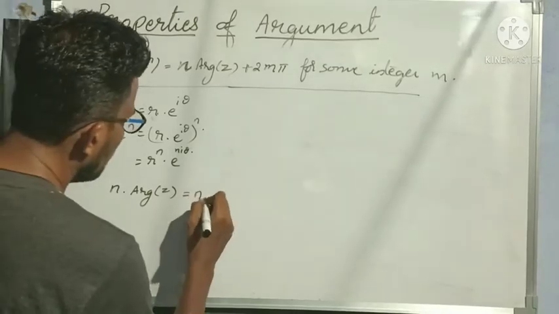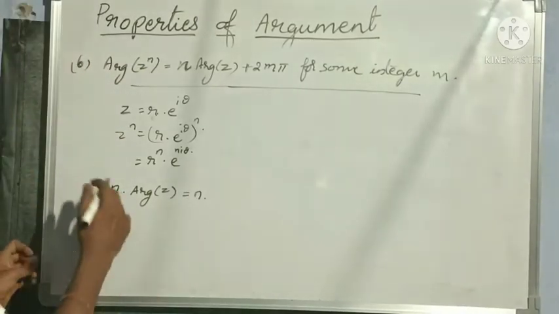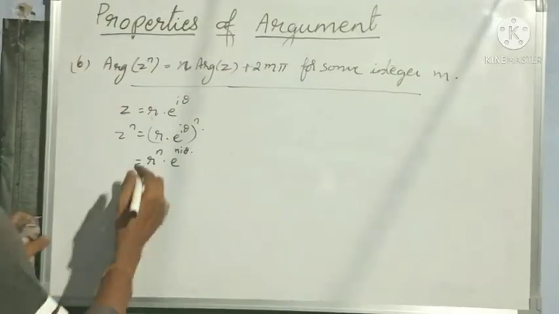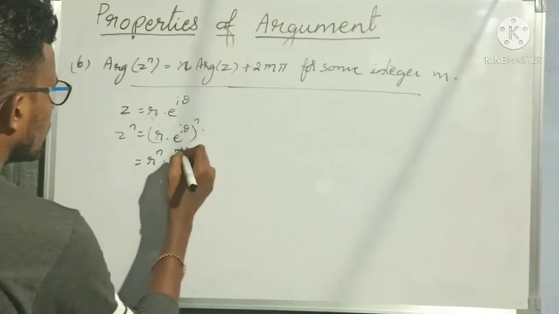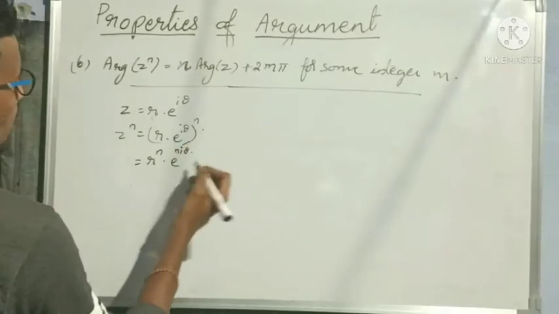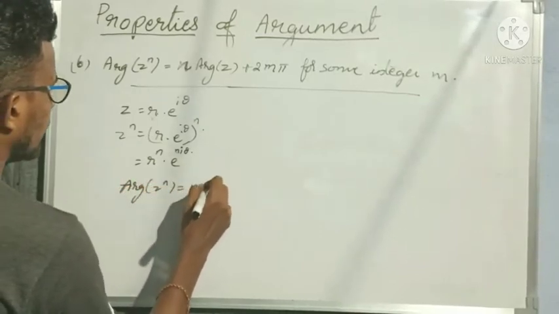So what is the argument of z power n here? If I exclude i and write n into theta, then that is the argument of z power n, right? So argument of z power n is n theta.